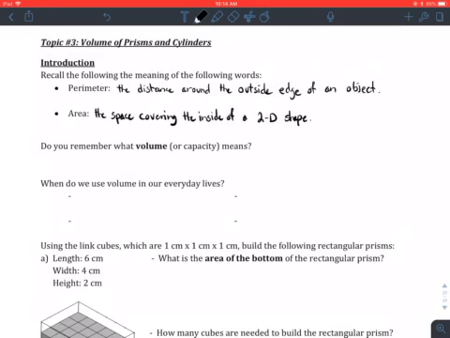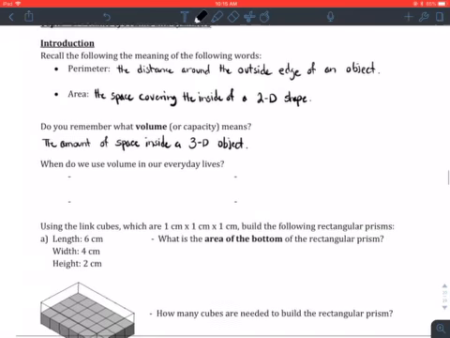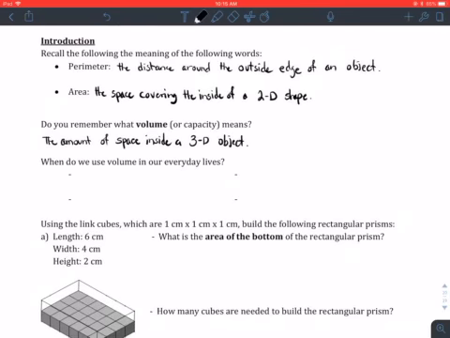Okay, volume or capacity, sometimes we interchange those words, and it's going to be the amount of space inside a three-dimensional object.